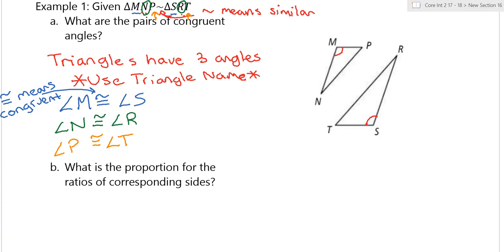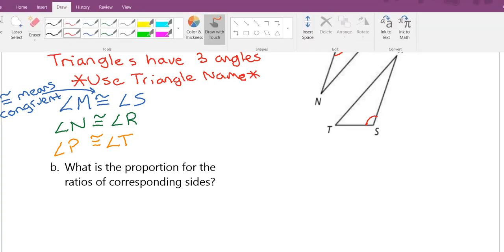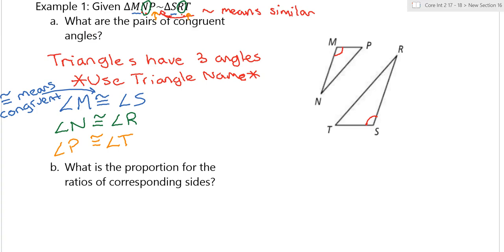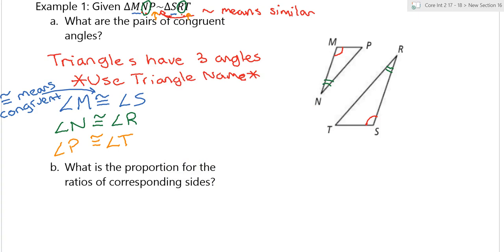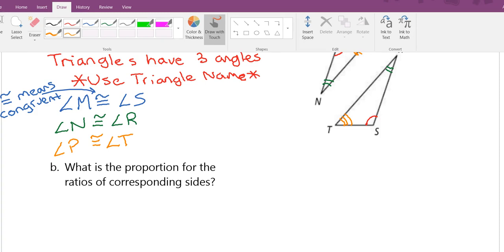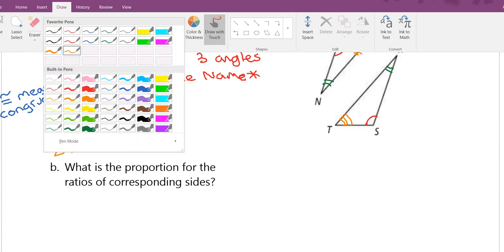The number of lines that you show in an angle, so that's angle M. Angle N and R, to show that they're congruent to each other, but not congruent to the other ones, I'm going to use 2 lines. And then in our last one, again, to show that they're congruent to each other, but not to the other angles, I'll use 3 lines. So how many lines you have shows what else it's congruent to.